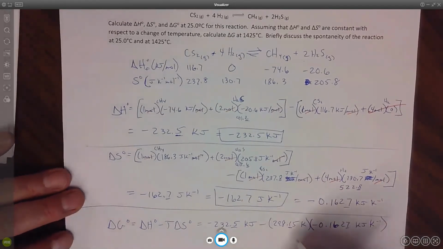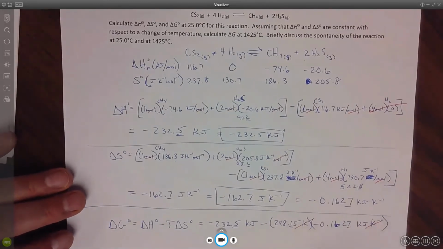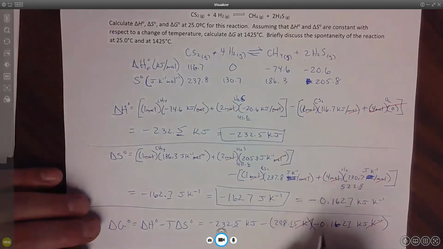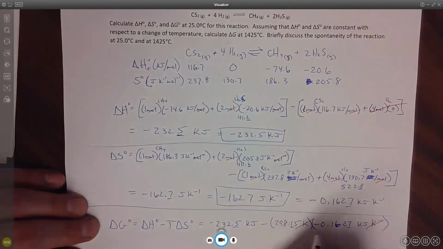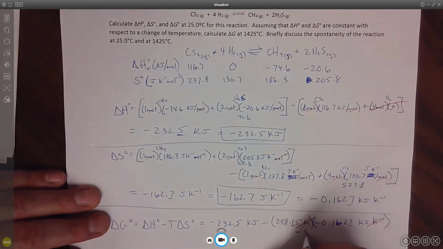I can see that my Kelvin and per Kelvin cancel. Now I'm going to have kilojoules minus kilojoules. This number here is going to be negative. So again, we've got this mixed operation here. This is going to be negative 48.509 kilojoules, and that is to 4 sig figs.